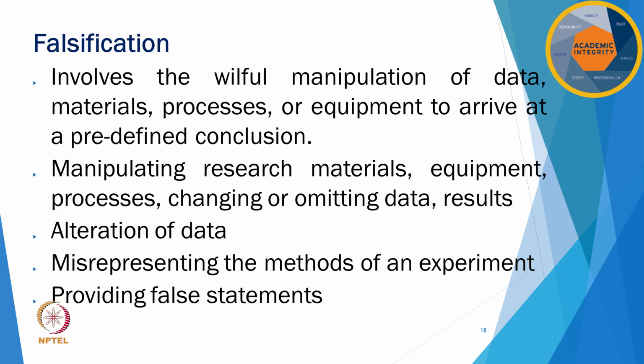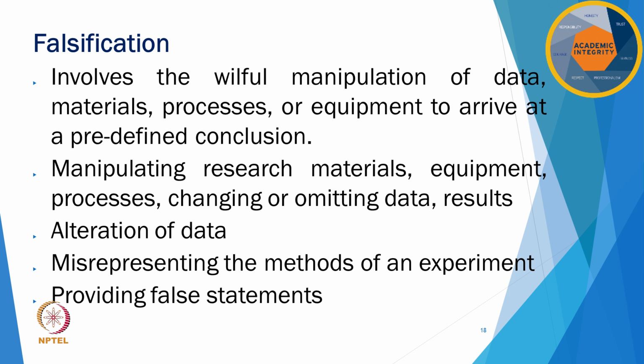Next one is falsification. This type of scientific misconduct involves the willful manipulation of data, materials, processes, or equipment to arrive at a predefined conclusion. In other words, falsification is the manipulation of research materials, equipment, or processes, or changing, omitting, or suppressing data or results without scientific or statistical justification.